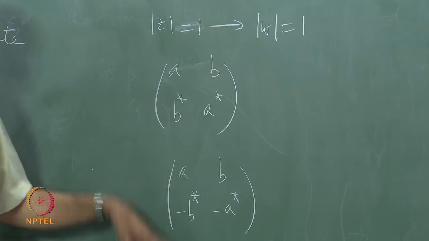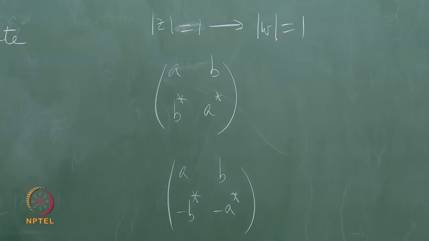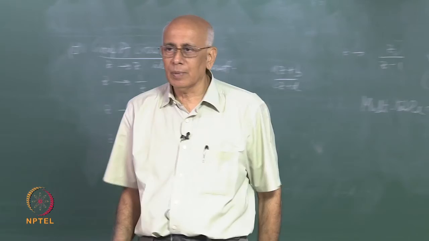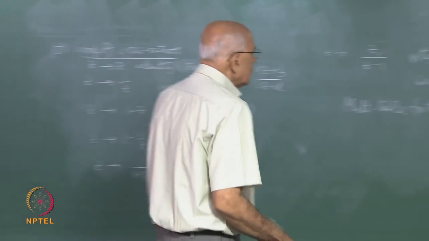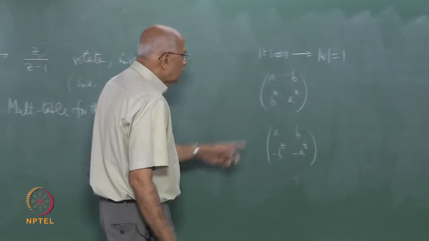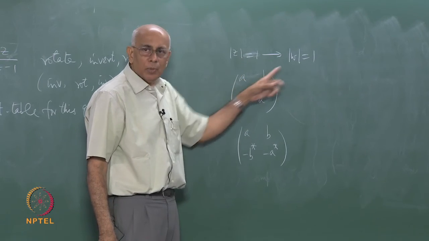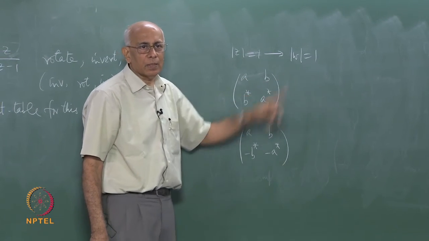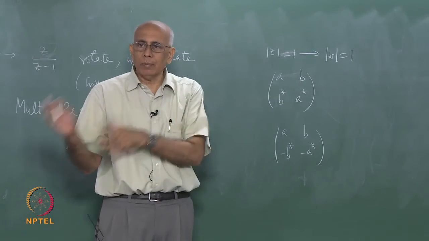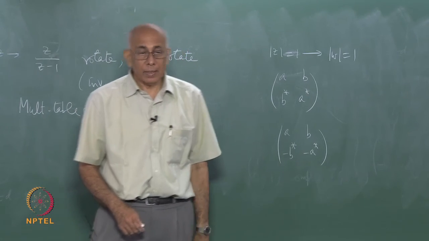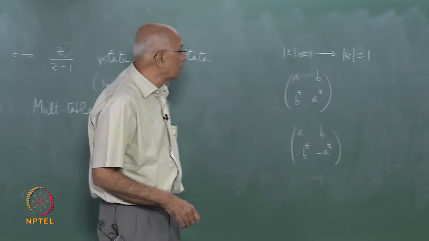But you could ask, what is the main difference between these two transformations? They are like two parts of the hyperbola, two different branches, right? Under this transformation, points inside the unit circle in Z are mapped to points inside the unit circle in W, and those outside are mapped to those outside. That is something else you can verify easily.